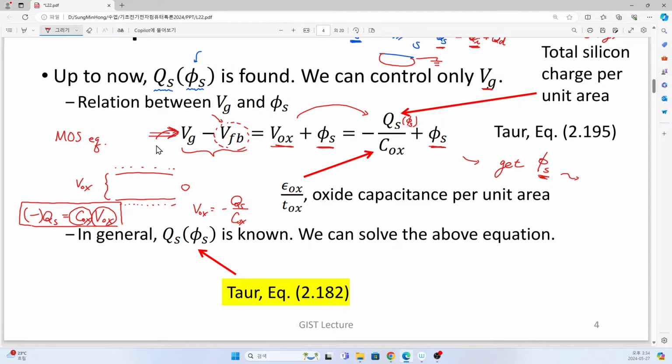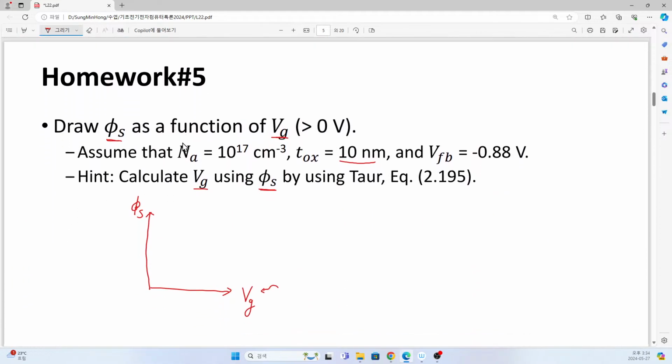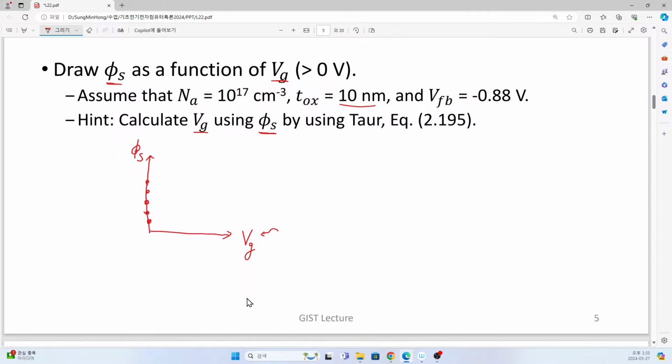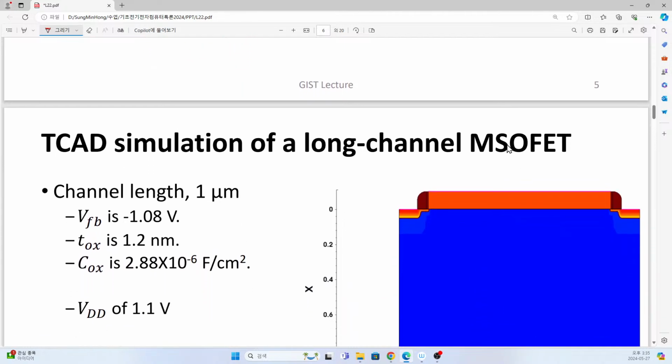However, if we have phi sub s, then it becomes just an expression for Vg. Following that manner, please change your values for phi sub s, then you can calculate the corresponding value for Vg, and then you can draw it. Please check your result.